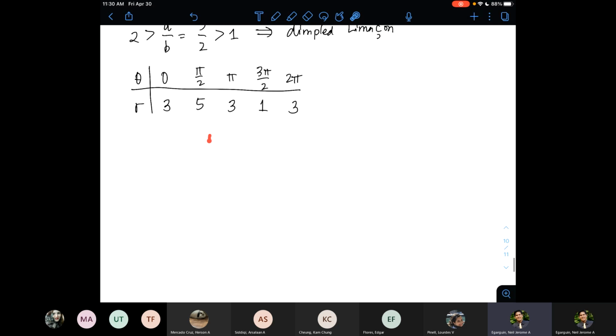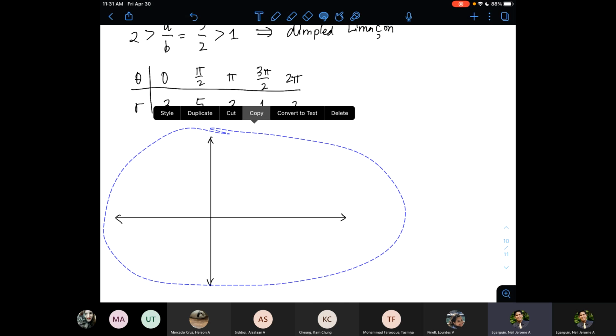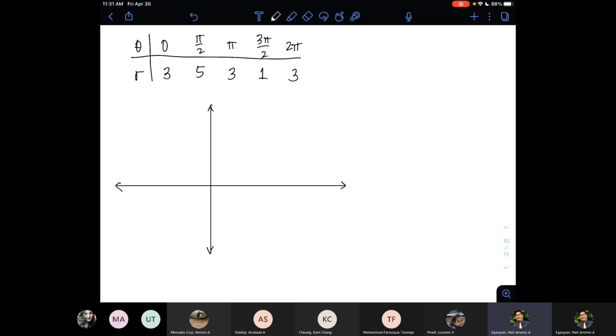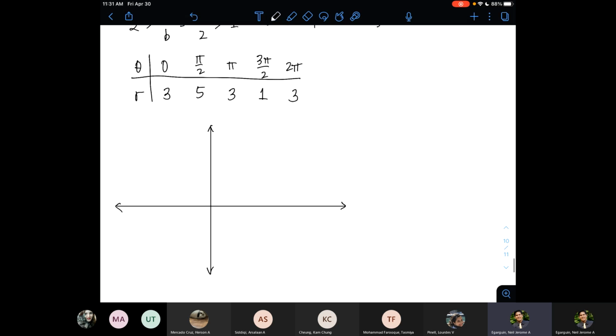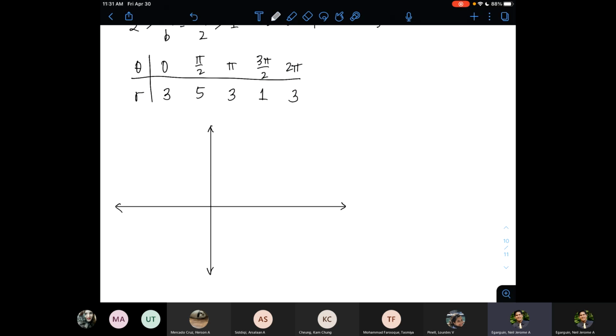Okay, let me just copy this so I don't have to draw it every time. All right, so how many radial values do I need? I will have 3 radial values. So just to guide me, let me draw 3 concentric circles.